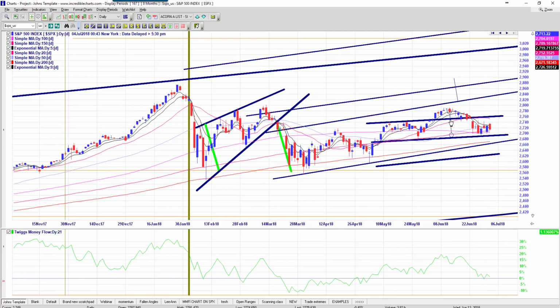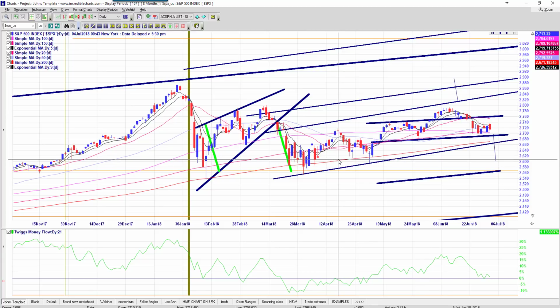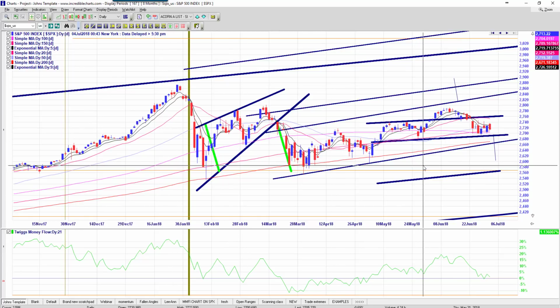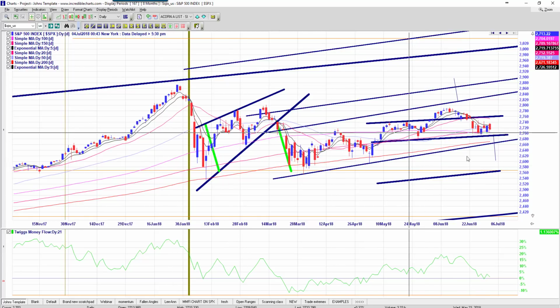And if that occurs, we're basically looking for the S&P 500 to fall, and we'd be looking for a decline down to around, as you can see, where this double bottom would then be created. Around basically, we'd be looking at a target of around, say, 2600, 2610 on the S&P 500. So you can see the inverted fallen angel plus the possible head and shoulders on the S&P 500.